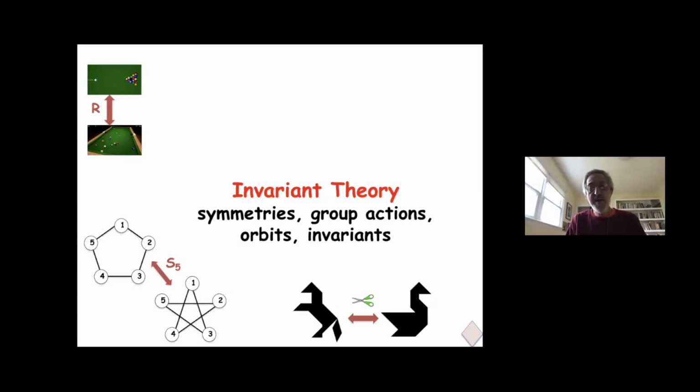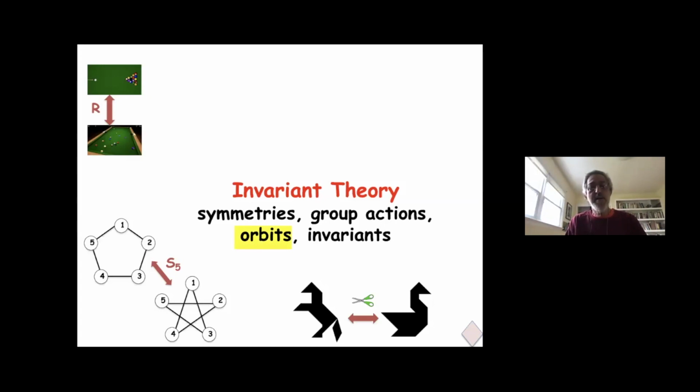Anyway, when you have these group actions, there's a basic notion of an orbit. So we'll talk about this in more detail. The orbit is all the configurations you can get to using the group action, starting with any one. That's an orbit of, let's say, the graph.